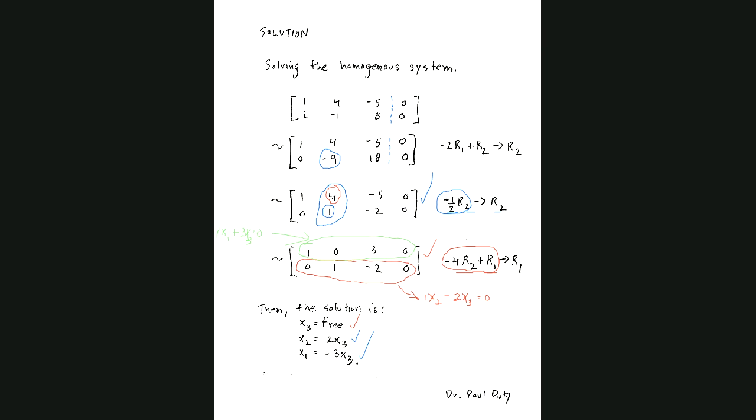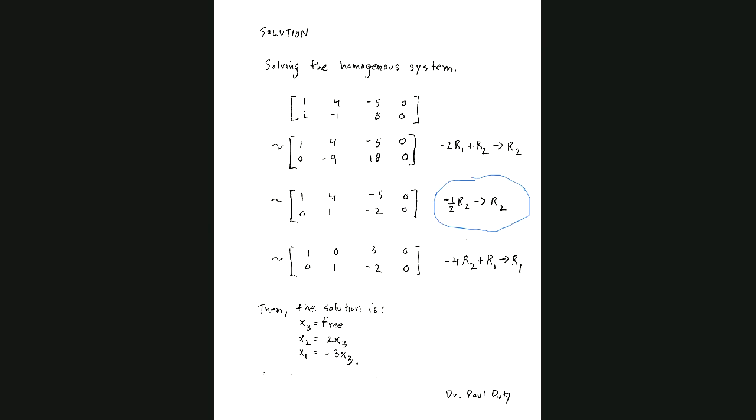Let me see. Oh man, Divahar pointed out something. I have a little error here. Thank you. Let me point that out. So here, on this step, it should be a -1/9 instead of a -1/2. Thank you.